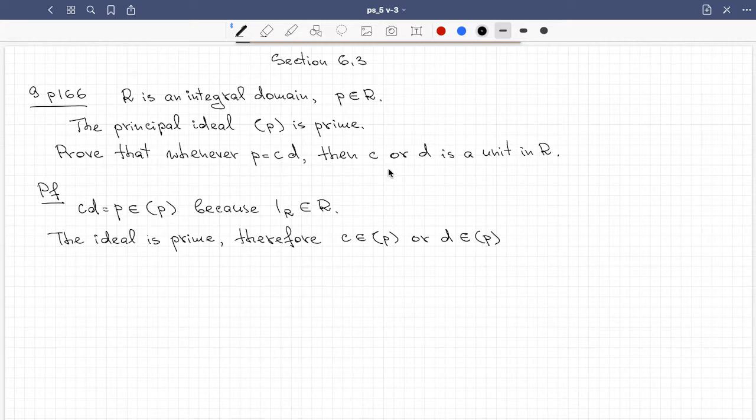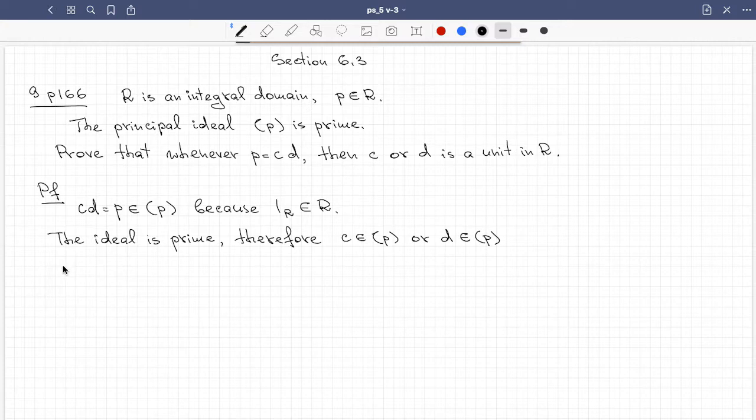I want to prove that one of them is a unit. Unit is in an ideal if and only if, in an integral domain, the ideal is the whole domain. So the one which is a unit definitely is not in the ideal.